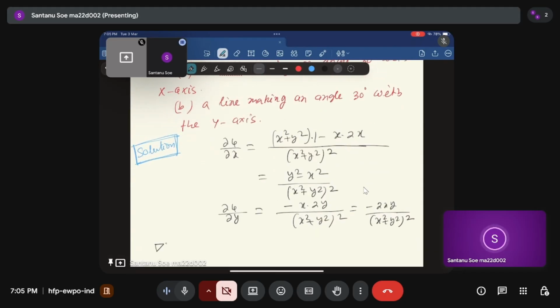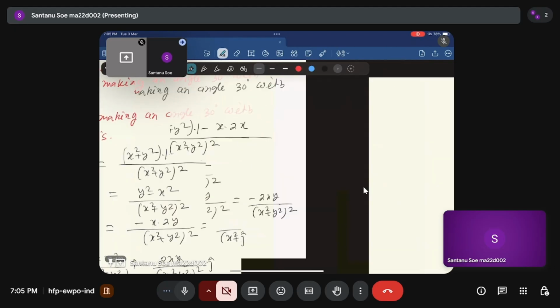So our gradient of phi at x comma y is just y square minus x square divided by x square plus y square whole square I cap, minus of 2xy divided by x square plus y square whole square into j cap.